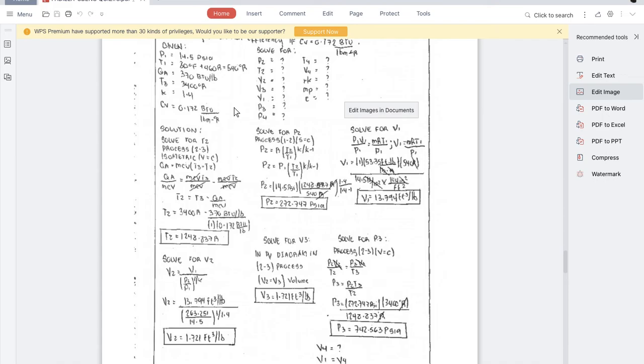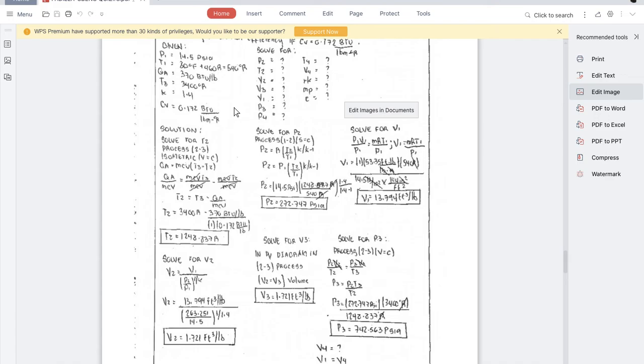So V1 is 13.794 cubic feet per pound over 263.251 over 14.5 raised to 1 over 1.4. The answer for V2 is 1.721 cubic feet per pound.